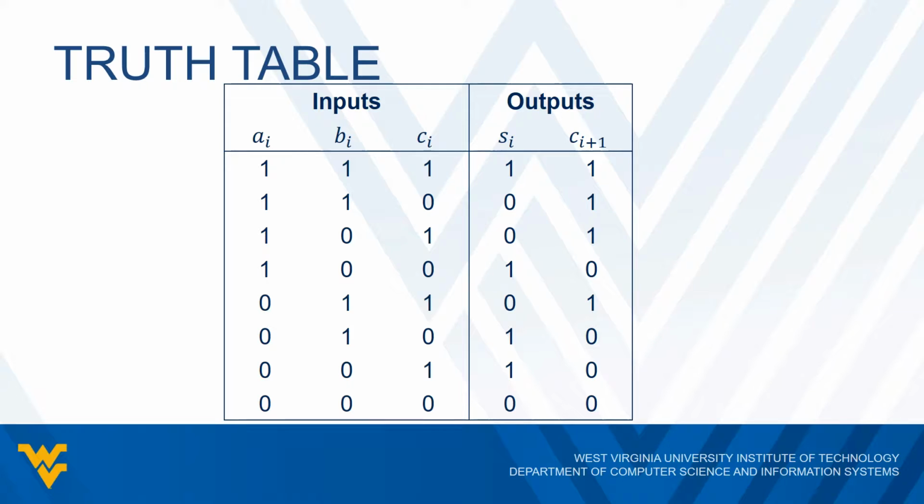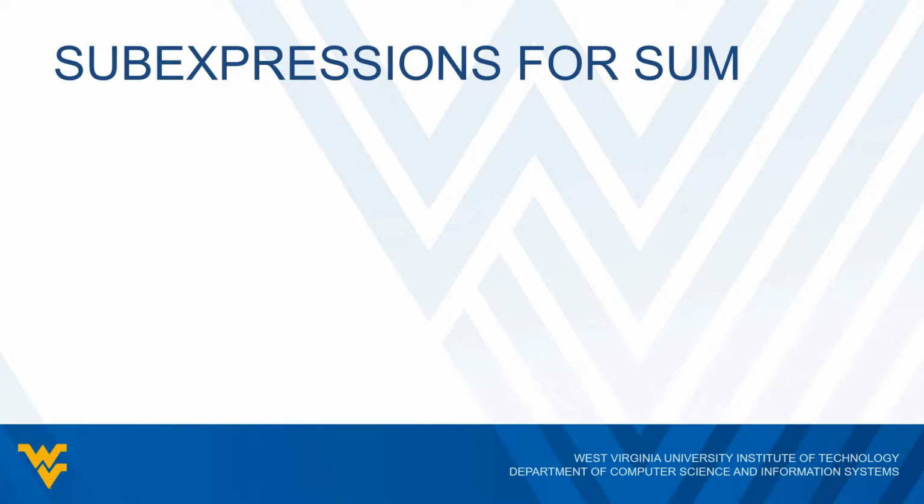If we have just 1, 1, and 0, then the sum of that is going to be 1, 0. So our sum bit's going to be 0, and we carry a 1 over to the next bit. And so forth. This is basically all the possible combinations of adding 3 bits together, which includes the carry bit, and it lets us know what our sum bit is and what our carry bit is that moves on to the next digit.